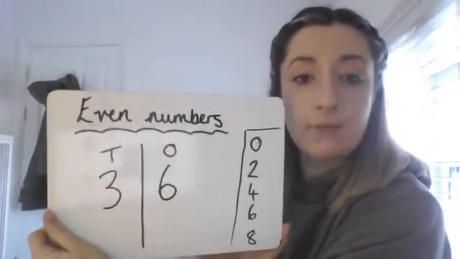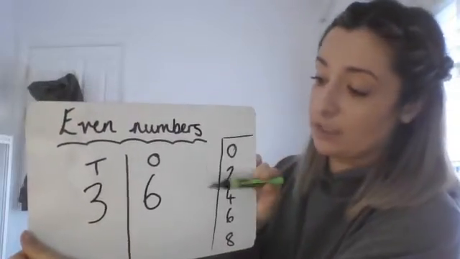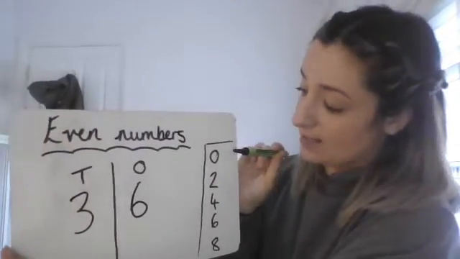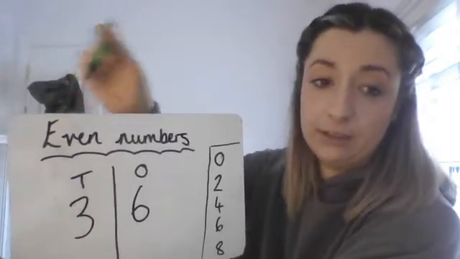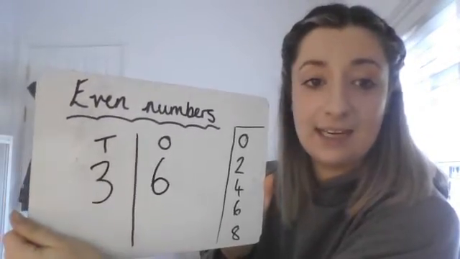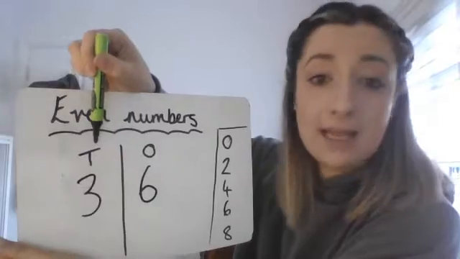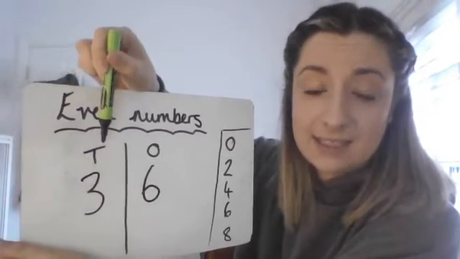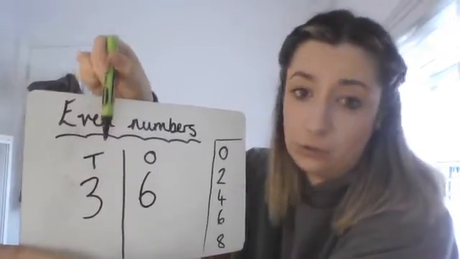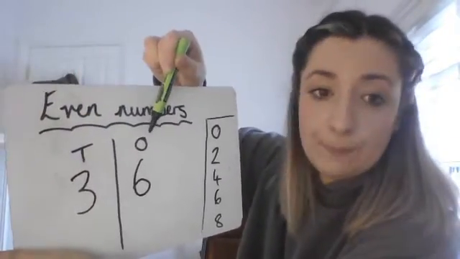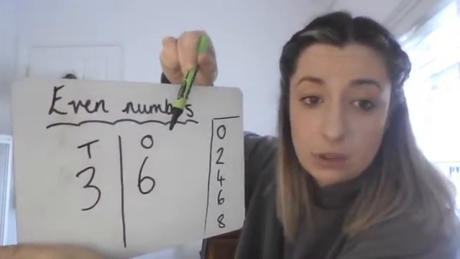Now because in my ones column, it ends with the number 6 and 6 is in my bank of numbers which make them even, that is an even number. It does not matter what number is in the tens column. It doesn't matter. It could be any number at all. But in the ones column, it tells you whether that's an even number.